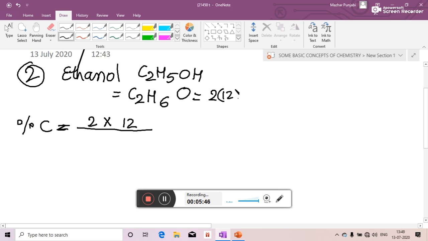That is 2 into 12 plus 6 into 1 plus 16, so 24 plus 6 plus 16, so 46 gram per mole.